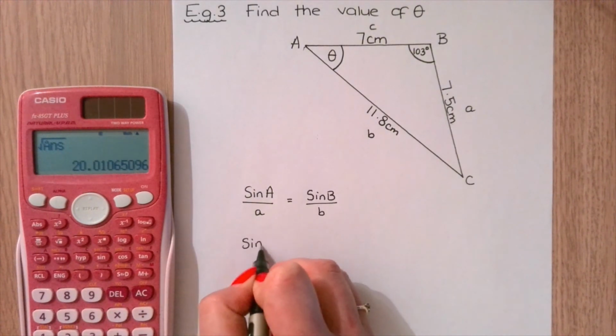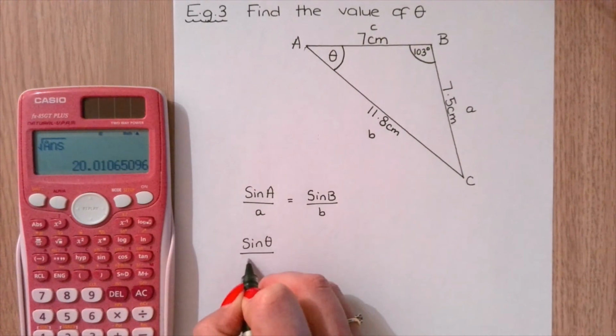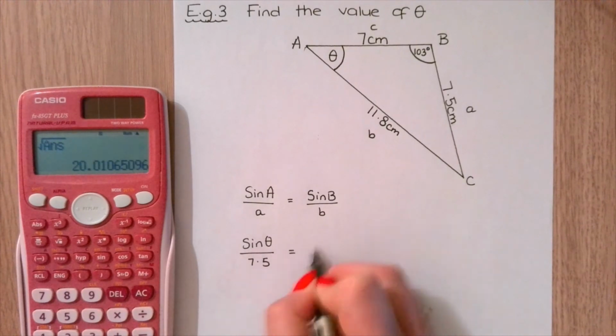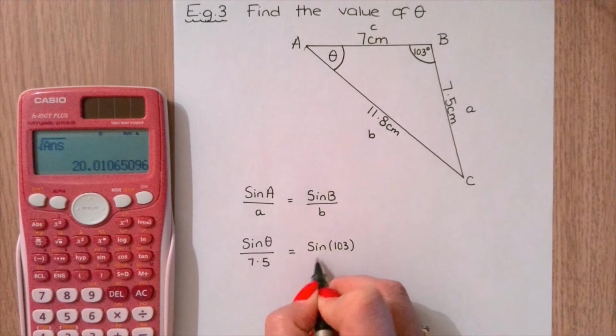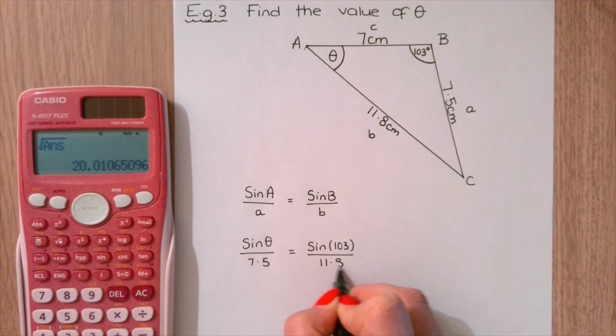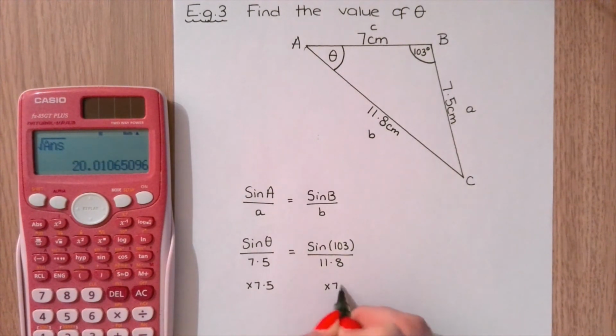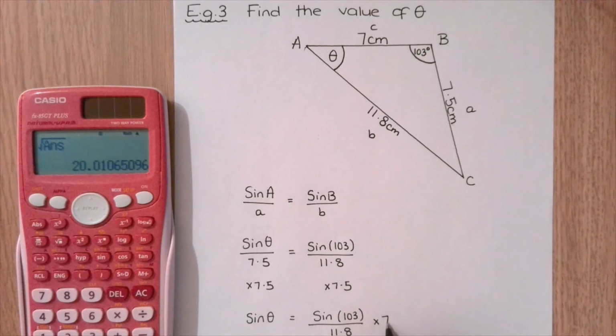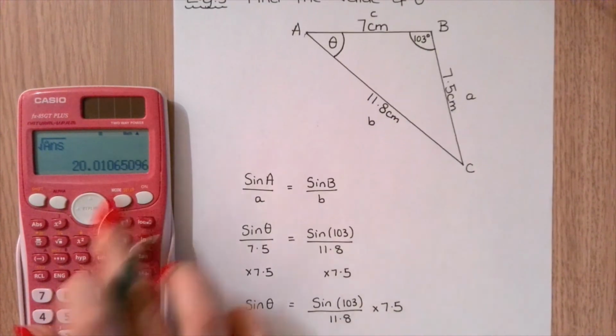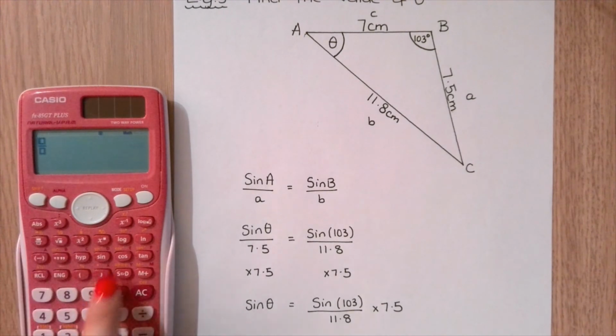Sine theta over 7.5 is equal to sine of 103 over 11.8. Multiply both sides by 7.5. I get sine theta is equal to sine of 103 over 11.8 multiplied by 7.5. Type that into my calculator.